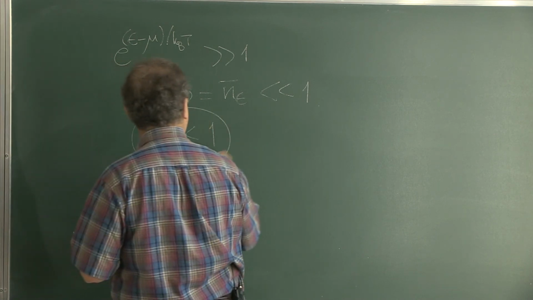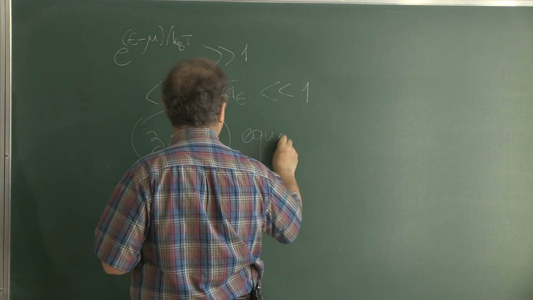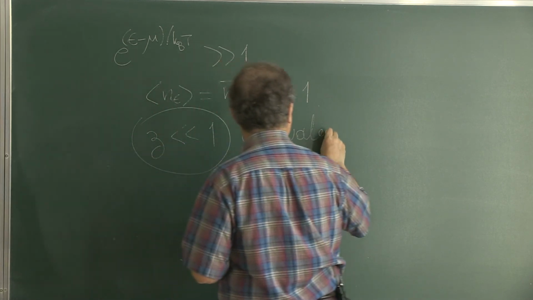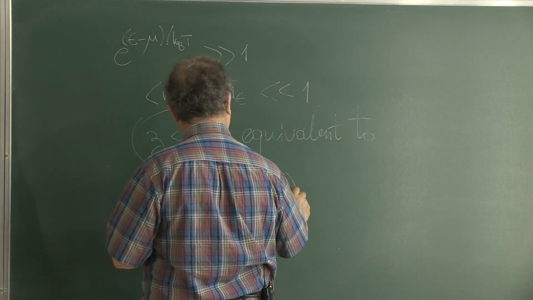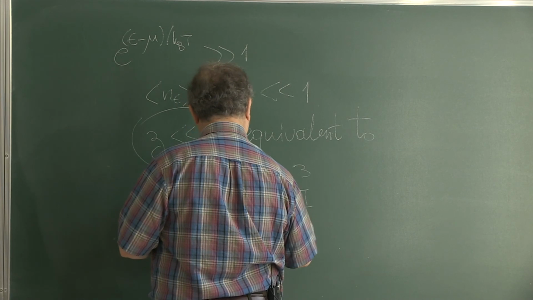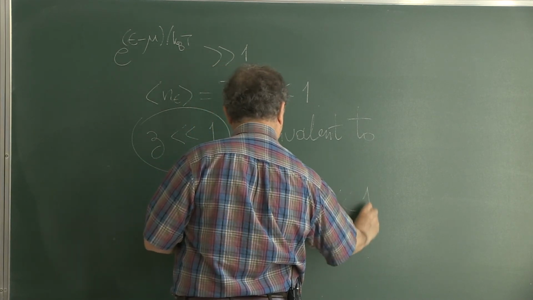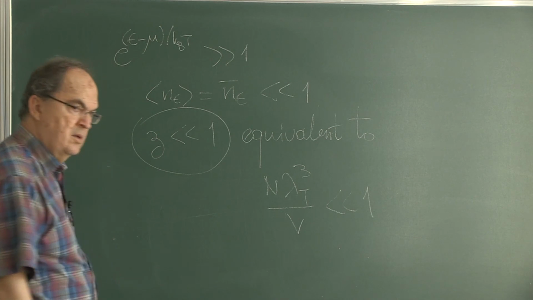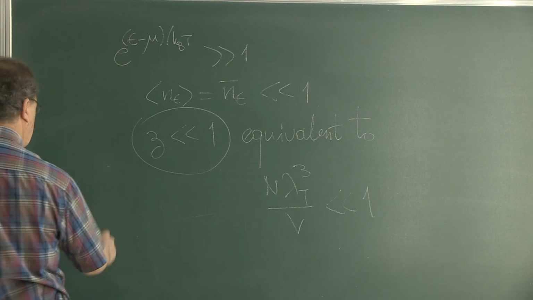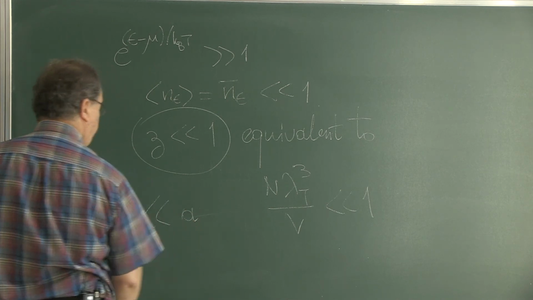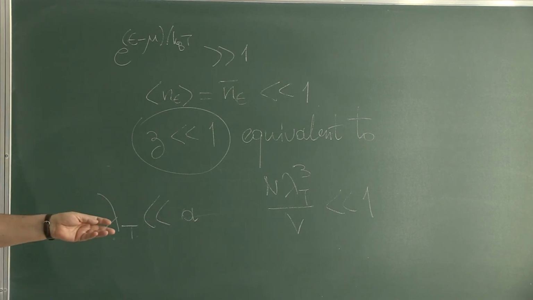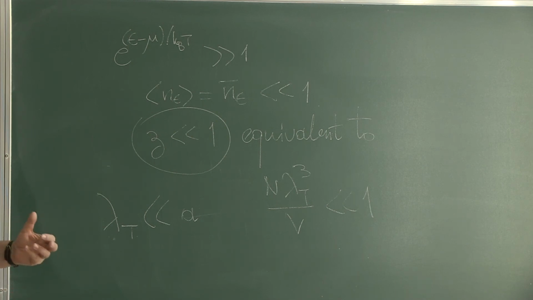That must be equivalent to n lambda_T cubed over V very much smaller than 1, or lambda_T is very much smaller than (V over N)^(1/3), the volume per particle. Volume per particle is a cubed, the interparticle distance.